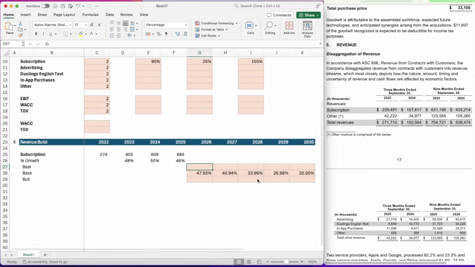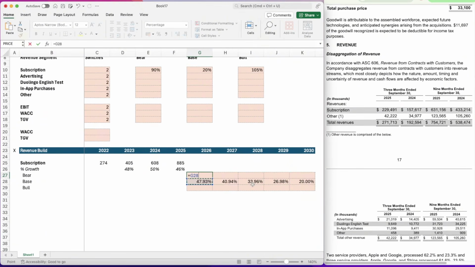And then for the bear case, we take the base and we multiply it by the bear. And remember to lock that in because we're just going to pull it along. We do exactly the same for the bull case.